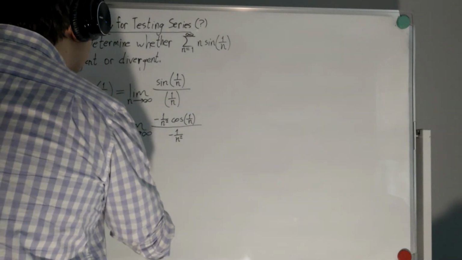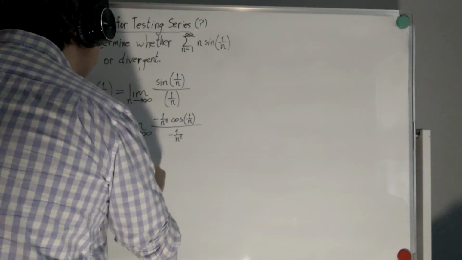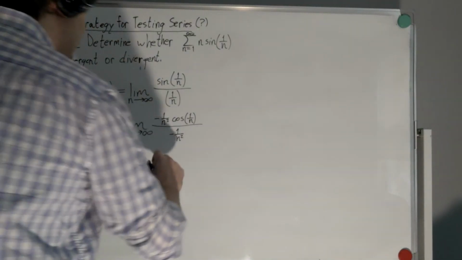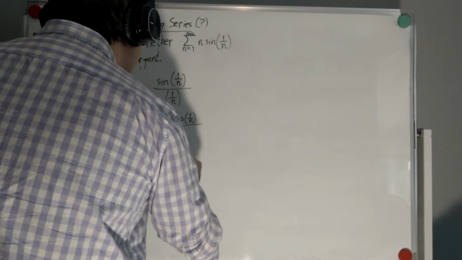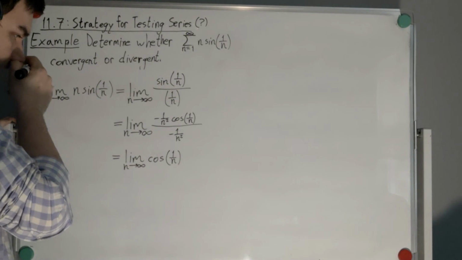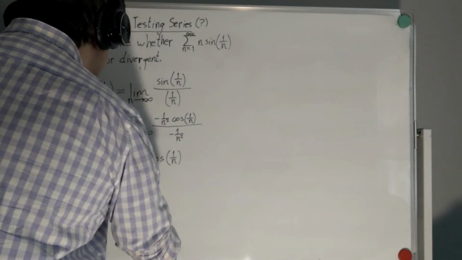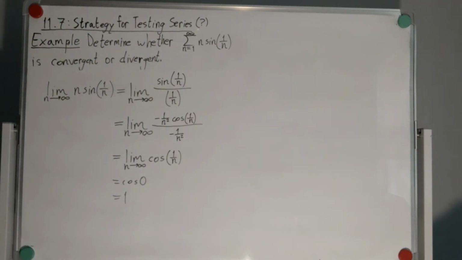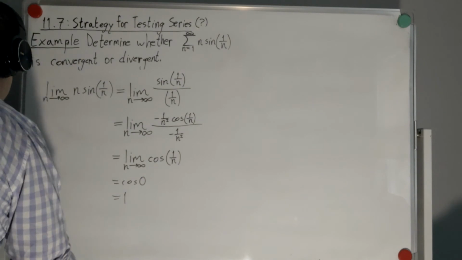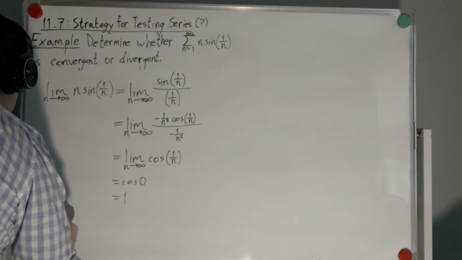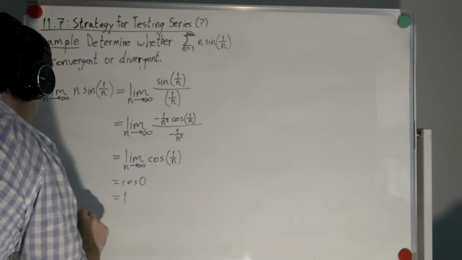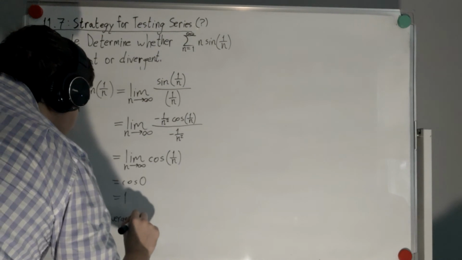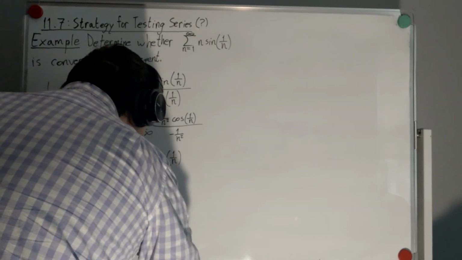So what we get here is the limit as n approaches infinity of cosine of 1 over n. Now as n approaches infinity, 1 over n approaches 0, so this approaches the cosine of 0, and that happens to be 1. Well, I'm pretty sure 1 is not 0. So by the test for divergence, the series is divergent.